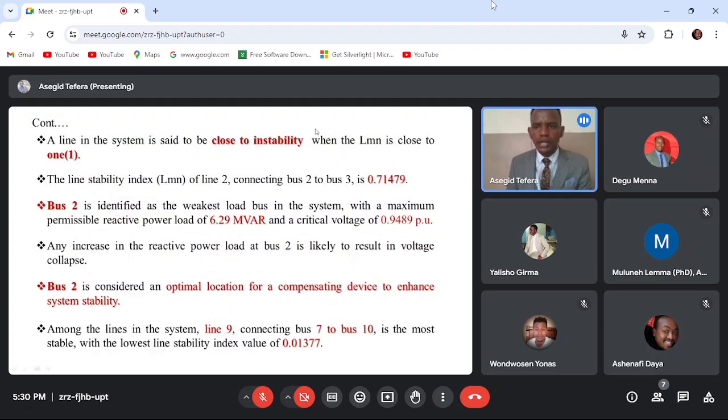The line stability index of line 2, connected from bus 2 to 3, is 0.714, calculated in the table above. So bus 2 is identified as the weakest load bus in the system with a maximum permissible reactive power load of 6.29 MVAR and a critical voltage of 0.9.